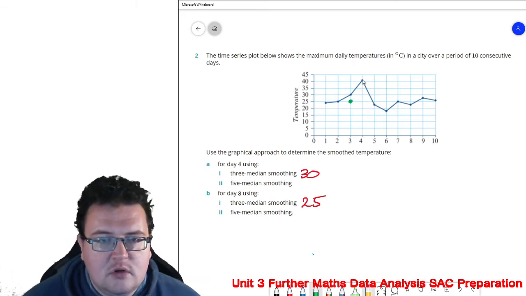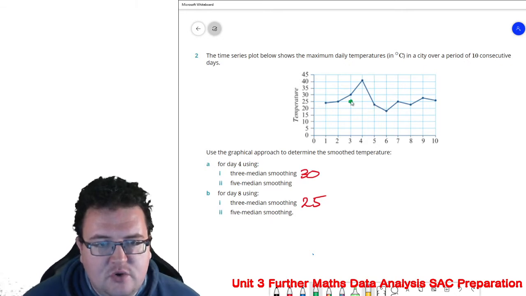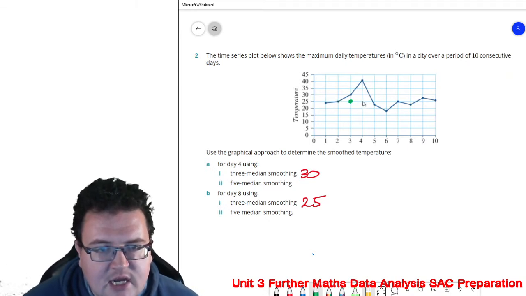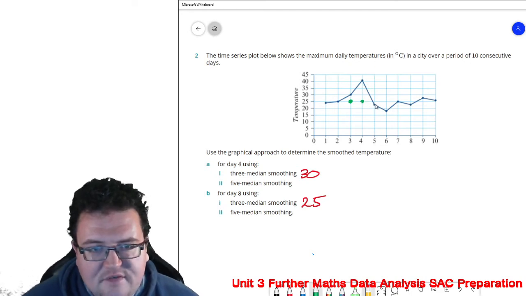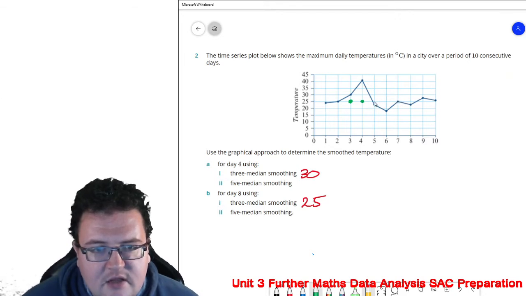Day 4, I've got 1, 2, 3, 4, 5. This data point here is going to stay the same. Day 5. Oh, would you look at that? It's also the same.